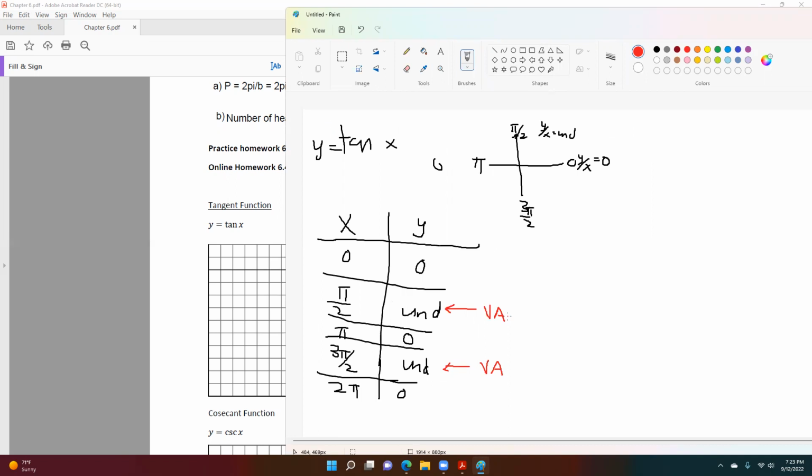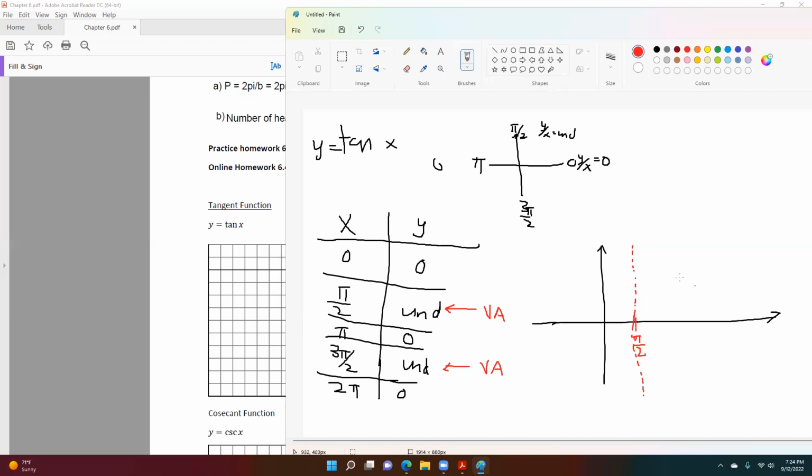You guys know what a vertical asymptote is? Anyone? What is a vertical asymptote? It's a vertical line that the graph will never cross. So at pi over 2, you will get a vertical asymptote, or in this case, undefined.